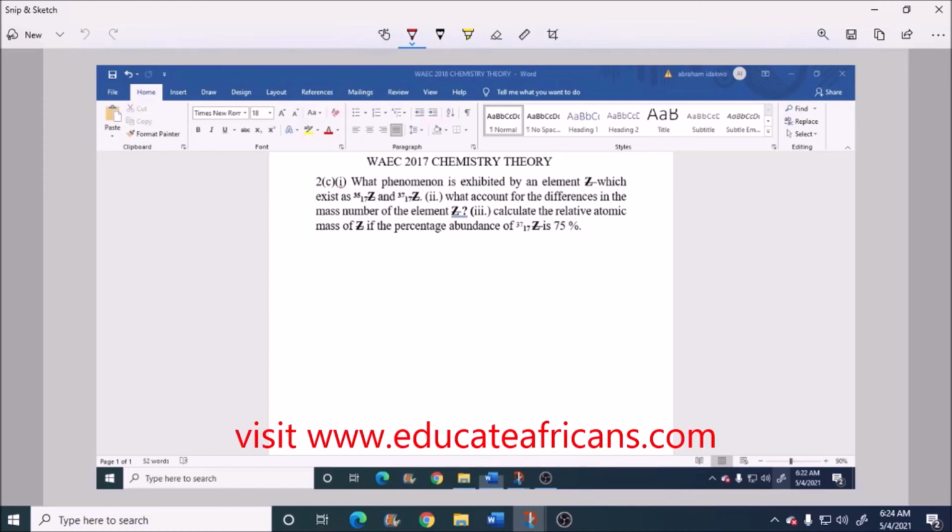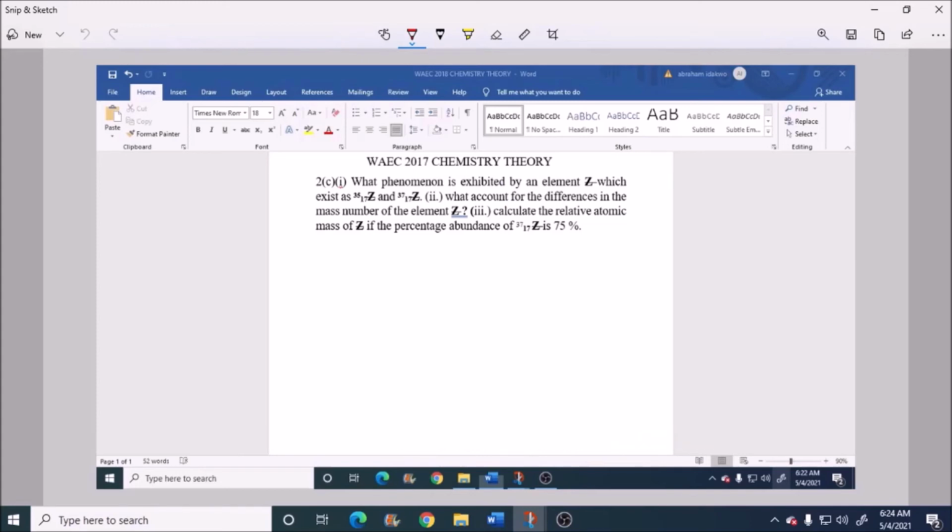Then for Roman figure 2, what accounts for the difference in the mass number of the elements? What accounts for the difference in the mass number of these elements is the difference in the number of neutrons. The number of neutrons of each of these elements is different. So difference in the number of neutrons accounts for the difference in mass number.